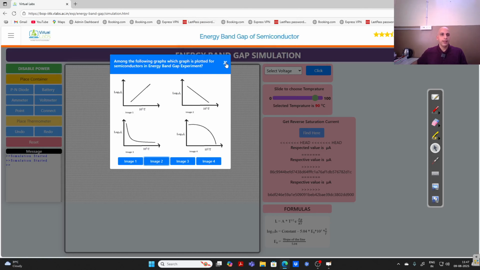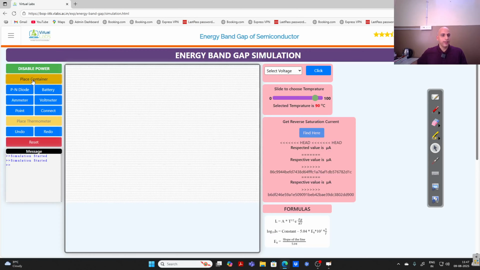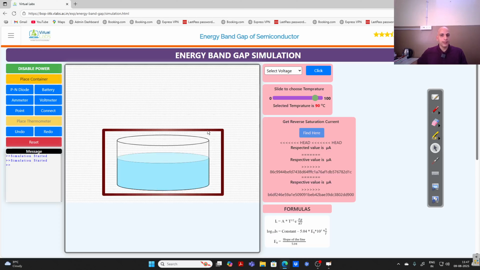Okay, right? Then place container. When you click place container, you will then click here. The container is used for putting the PN junction diode in this heating mechanism here, right? We will change the temperature of the PN junction diode, right? Then we will take the PN junction diode, click on the PN junction diode, then click here.